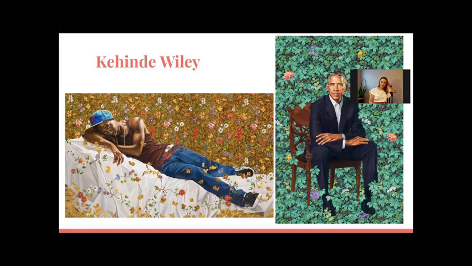He was commissioned, as you can see on our right-hand side, to do Obama's portrait. Now, this is not his official portrait. This one is in the Smithsonian Gallery. They always commission paintings of the presidents, so their paintings look very different a lot of the times than what the official portrait is.